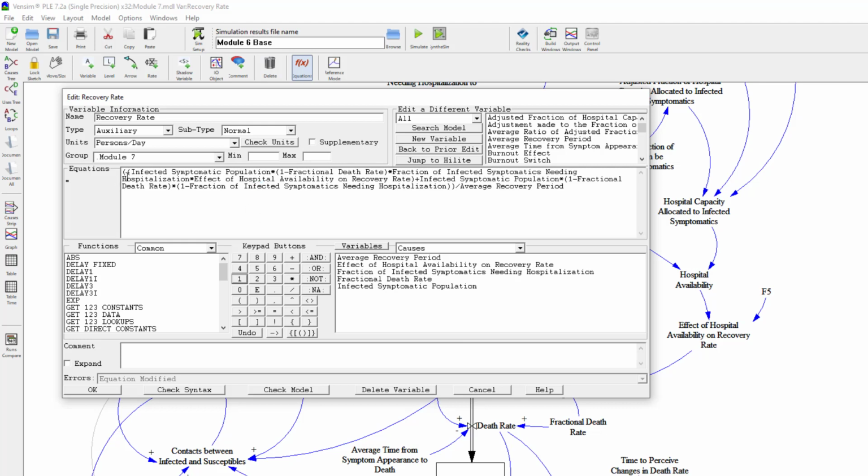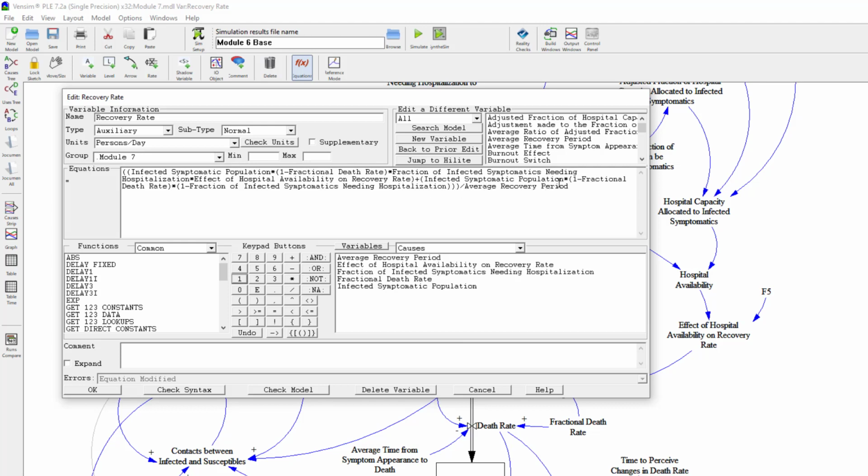Okay, let's read it again. Infected symptomatic population multiplied by 1 minus fractional death rate multiplied by fraction of infected symptomatic needing hospitalization multiplied by effect of hospital availability on recovery rate. And we're gonna add this whole thing with infected, let me just add a parenthesis here.